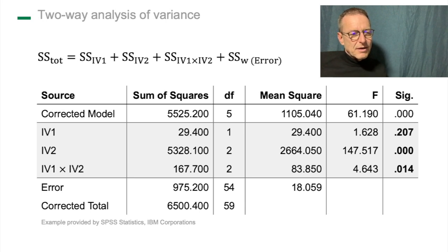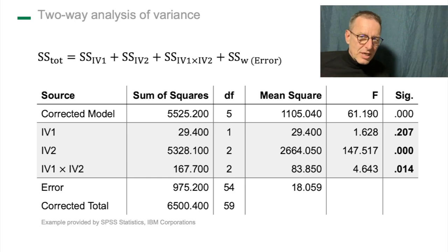So when you look at the significance, you can say that significance is with independent variable 2 very, very low. So you can really say that here you should better reject the null hypothesis, the null hypothesis that independent variable 2 has no effect. You could also reject the null hypothesis that there is no interaction between independent variable 1 and independent variable 2.